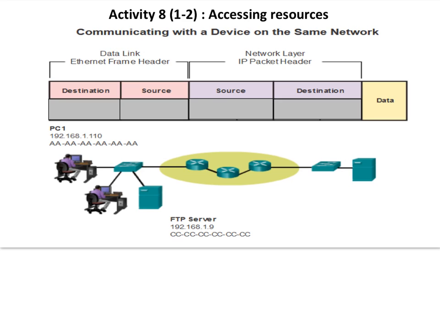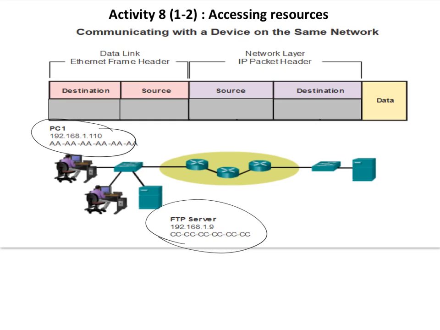Okay? So the first part of that activity talks about a scenario where PC1, which is the client, wants to communicate with an FTP server on the same LAN, which means that I can directly and physically access the FTP server.